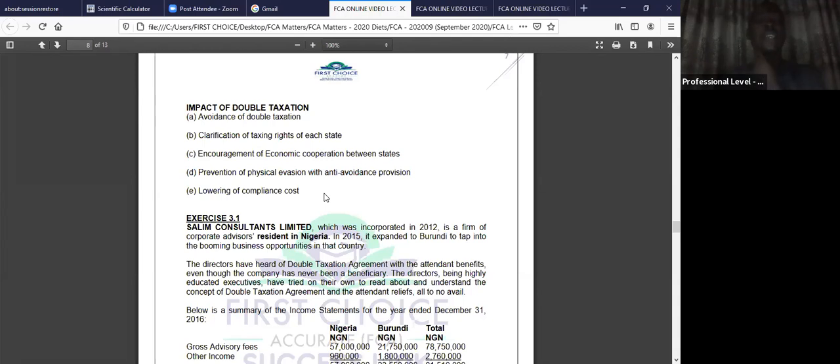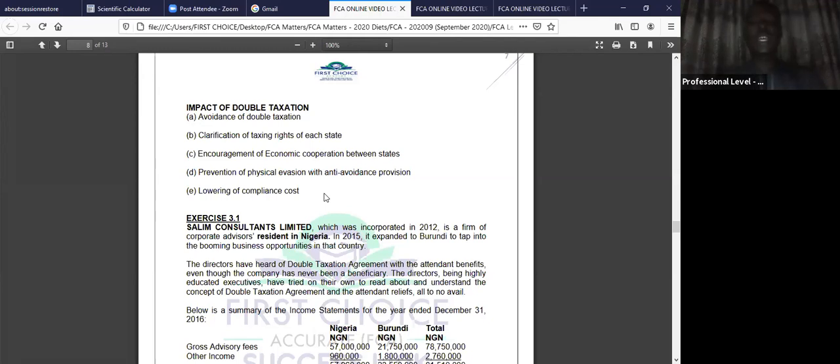But since there is a double taxation agreement which is spelled out and everybody knows their taxing right, their taxing rate and all that, the cost of compliance is now lowered. So they won't spend much to get the information they require.